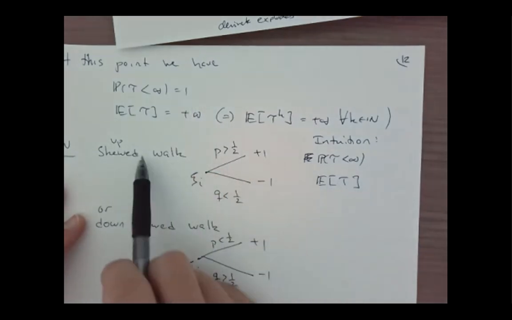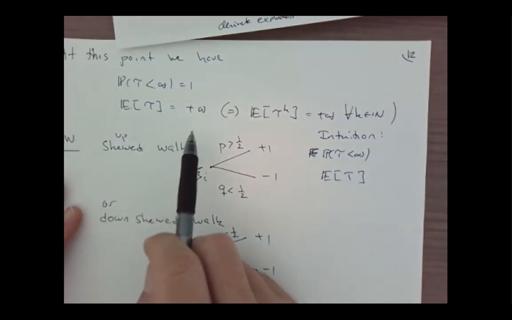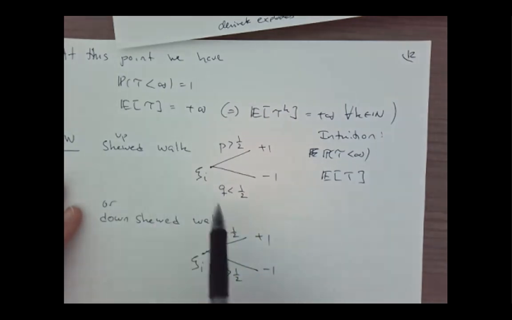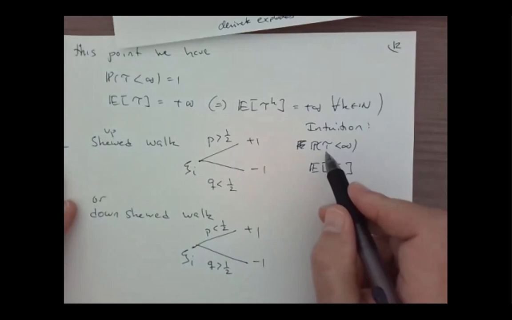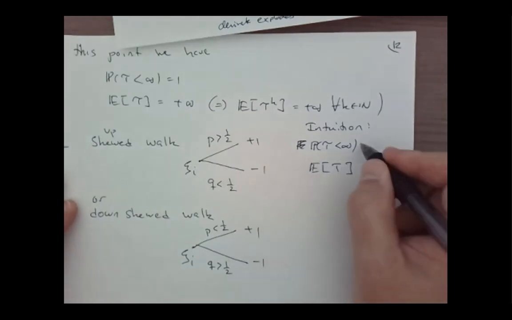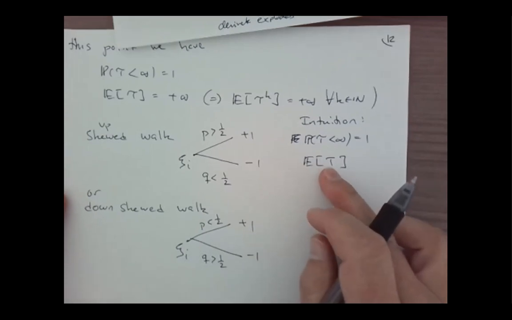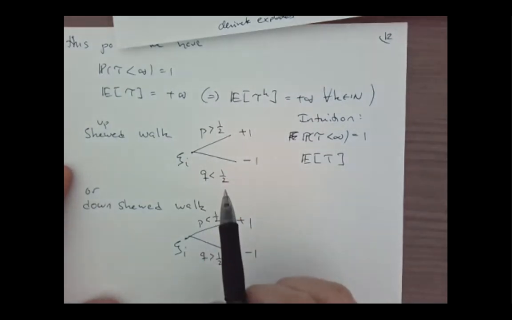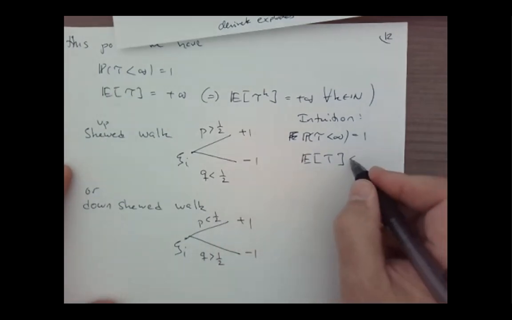Now I'm making it such that the walk has a higher probability of drifting upwards than downwards, and even without this, I would still reach the level 1. So it seems like this one is still going to be 1. And what about the expectation? Well, now there's going to be mass pushing the walk upwards, so we're going to reach this level sooner. So maybe this is finite.